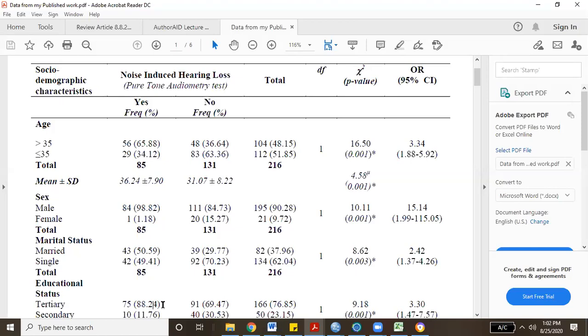You see, so they are confounding variables. They are not truly independent, meaning a confounder is a variable that cannot stand on its own. It is hiding inside something. So marital status and education are hiding inside the fact that these people are older in age.